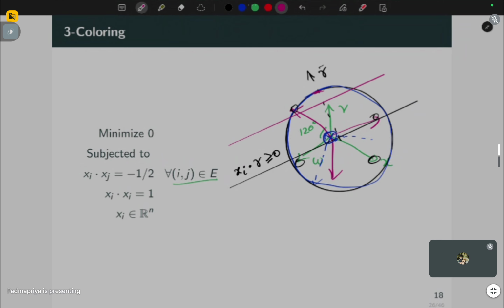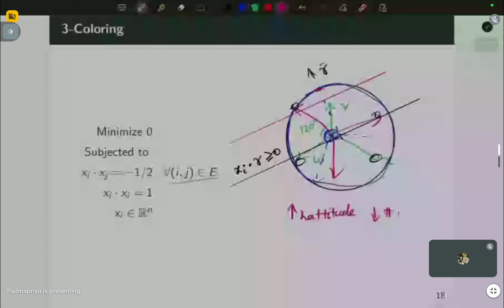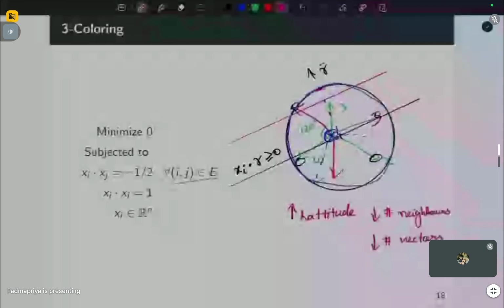The idea is to pick fewer, so increasing the latitude will decrease the number of neighbors picked. As a con, we also decrease the number of vectors picked itself. I don't want to end up picking very few vertices; I want to pick a larger number of vertices.